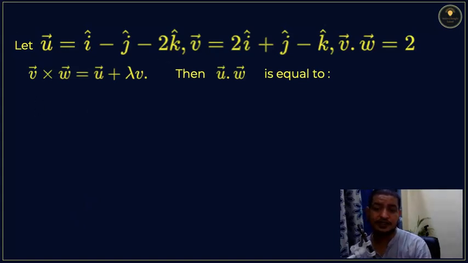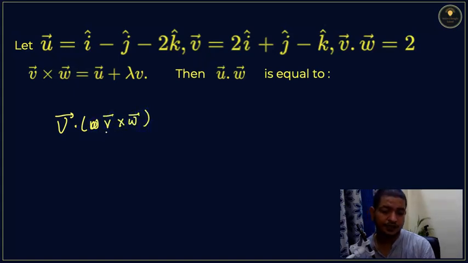The concept is this: whenever we write v cross w, suppose this is the v vector and this is the w vector. Then the cross product will give you a perpendicular vector which goes upside.